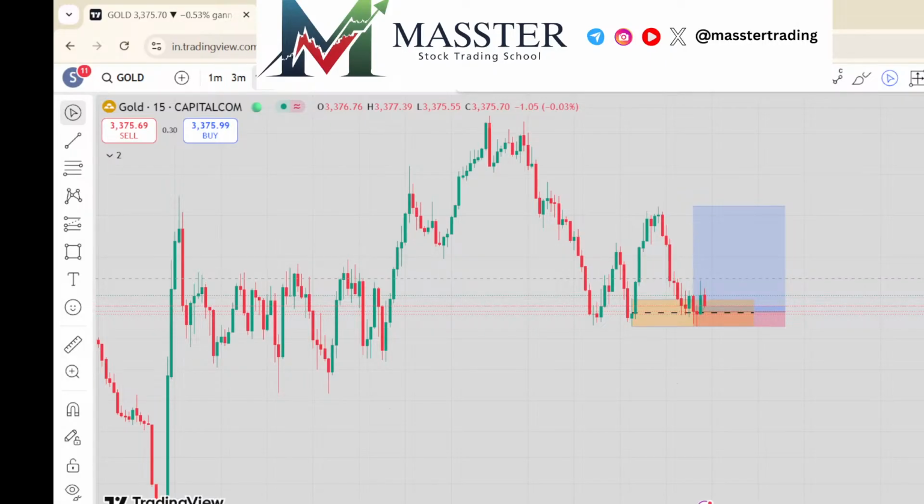And as long as gold holds this demand zone, the bias remains favorable over this zone. So I'm not interested to sell. That's why I'm only in a long position.